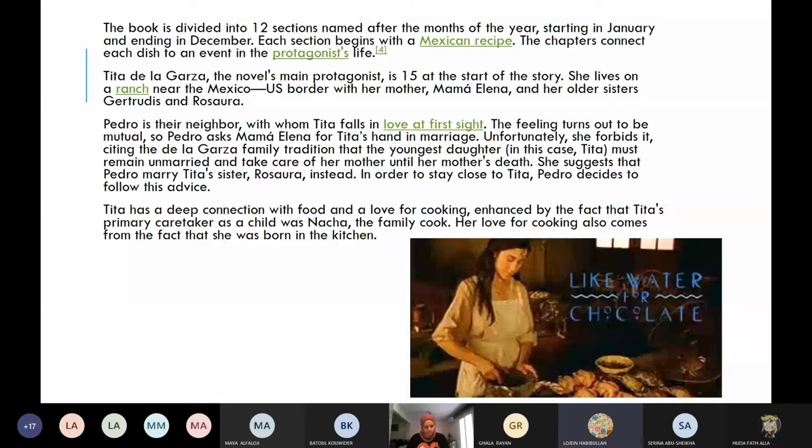Like Water for Chocolate by Laura Esquivel. Repeat from the beginning, dear, from the preview concept. One of the most important tasks you have as a reader is to determine the main idea of what you read. An effective technique for doing so involves underlining important phrases or sentences as you read.